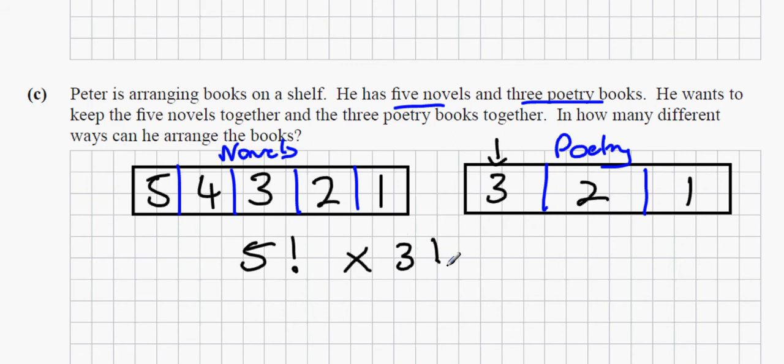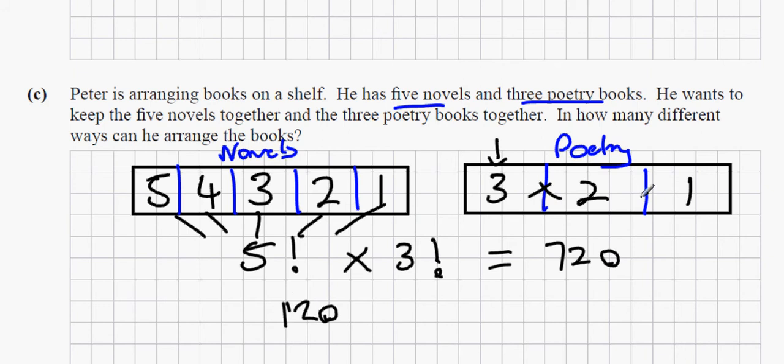When we multiply these together, what 5 factorial and 3 factorial mean is you're multiplying 5 by 4 by 3 by 2 by 1, and 5 factorial is 120. 3 factorial is 3 multiplied by 2 multiplied by 1, which gives you 6, and that gets you 720.